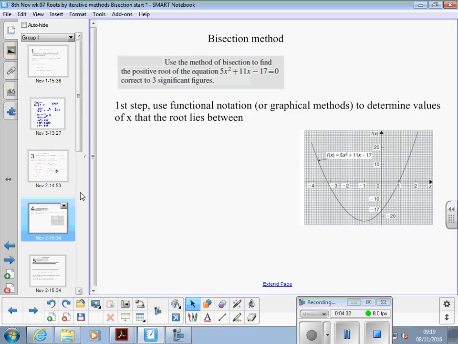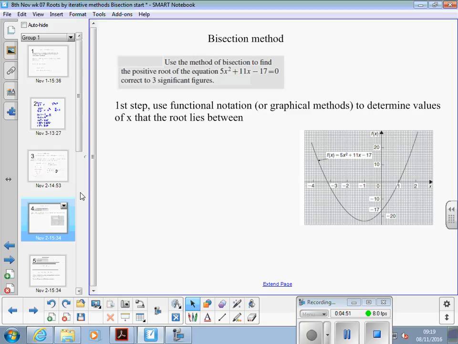The graph is not detailed enough to see exactly whether that root is exactly 1 or not. So we're going to have a look at it using the iterative method.